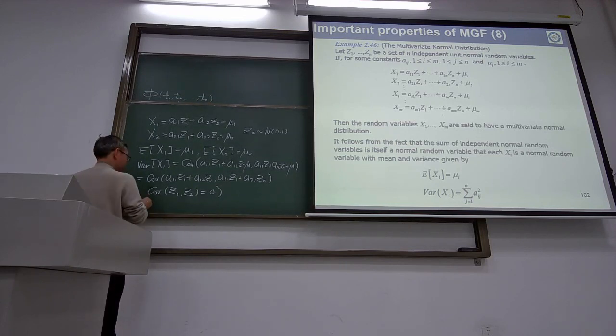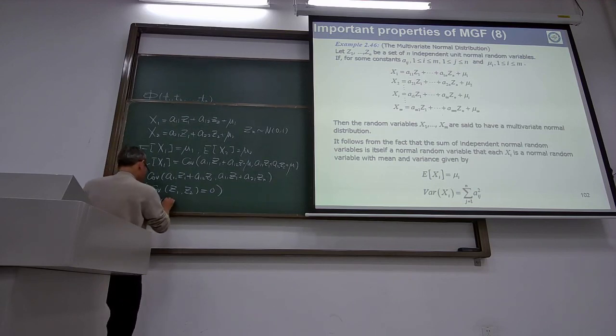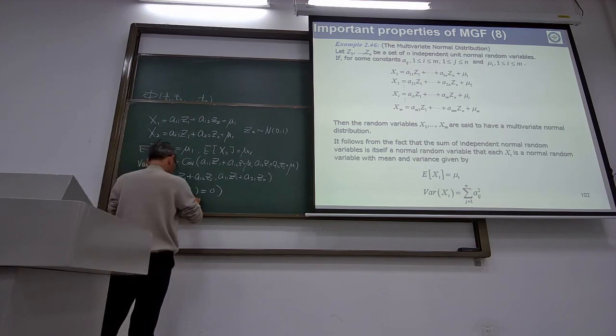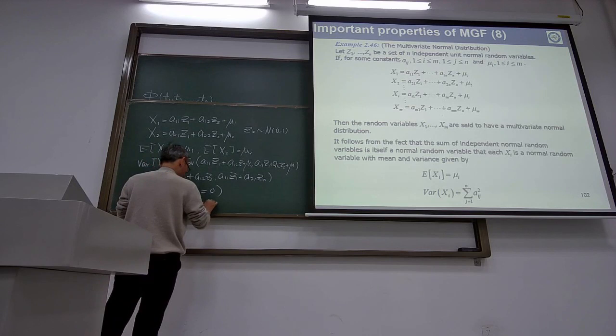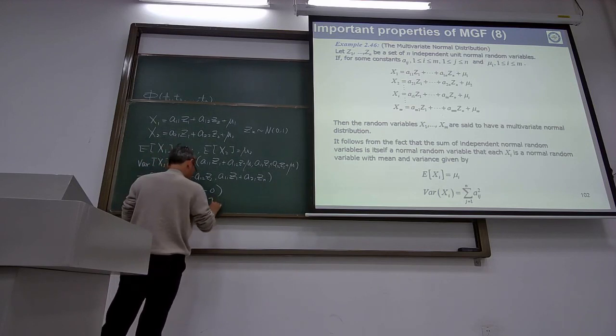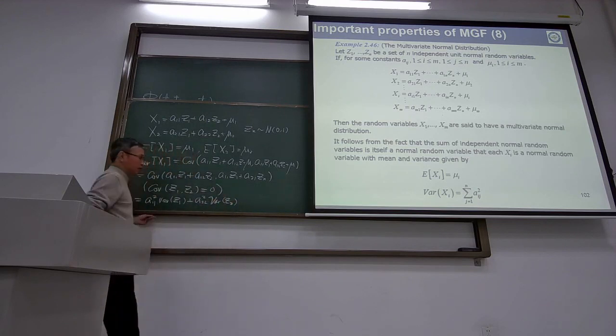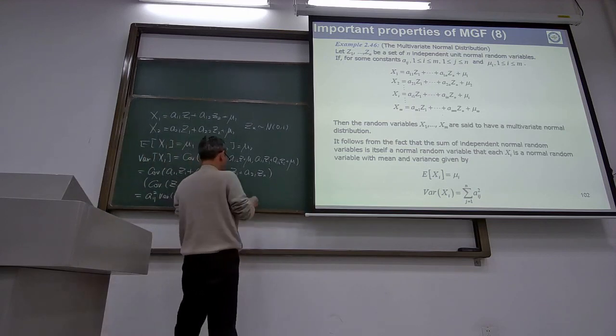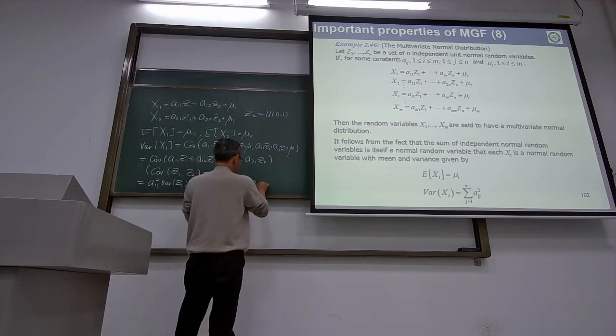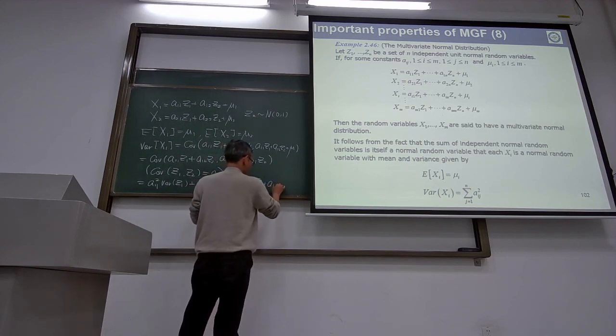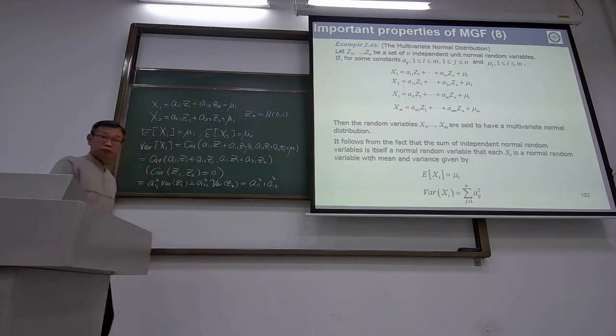So this gives A11 squared times the variance of Z1 plus A12 squared times the variance of Z2. Because the variance of the standard normal distribution is 1, this is A11 squared plus A12 squared.